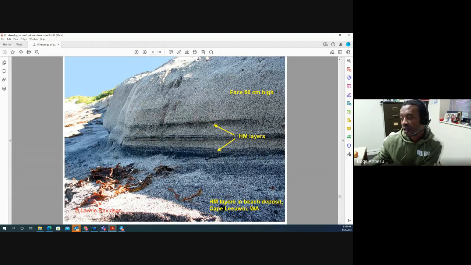As I say, the dark one is heavy, the light one is silica, which is light, and therefore we can separate out the silica using gravity separation first. So that's your mineral processing flow sheet, if you like.